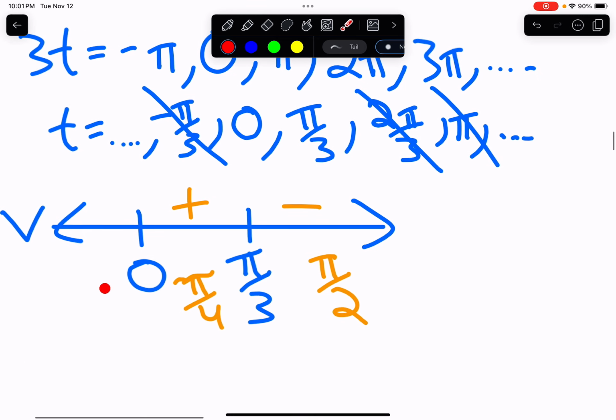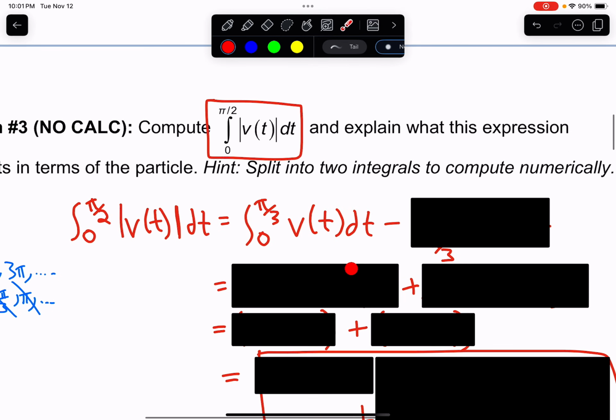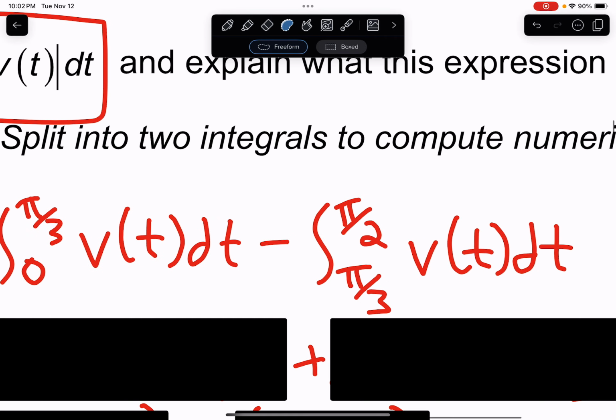But from pi over 3 up till pi over 2, we know that v of t is negative. And so what absolute value of v of t does there is it takes your negative input and multiplies it by a negative 1. And so I'm going to subtract the integral from pi over 3 to pi over 2 of v of t dt.